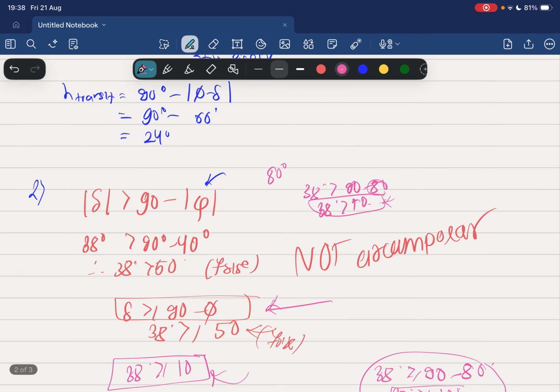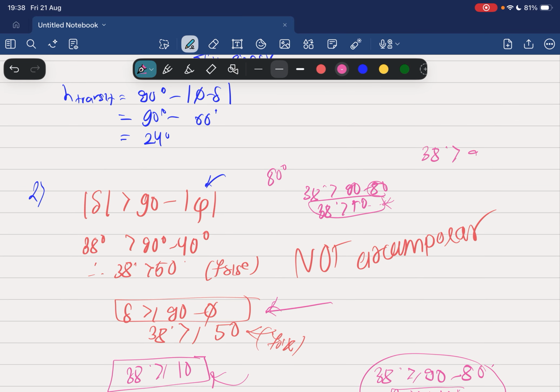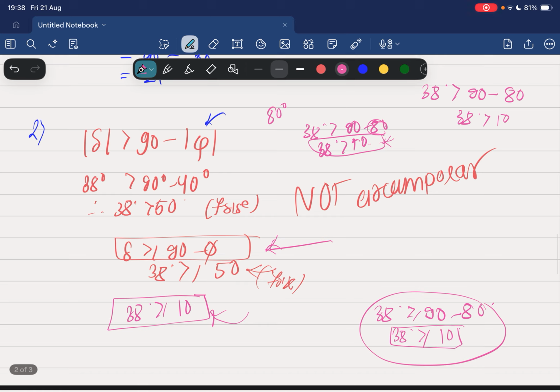So 38 degrees is greater than 90 minus phi, which is just, what do we have, phi right here, 80, right? So it just satisfies it, while it also does satisfy it. So it comes down to what signs and modulus you use. I think one of these is incorrect.